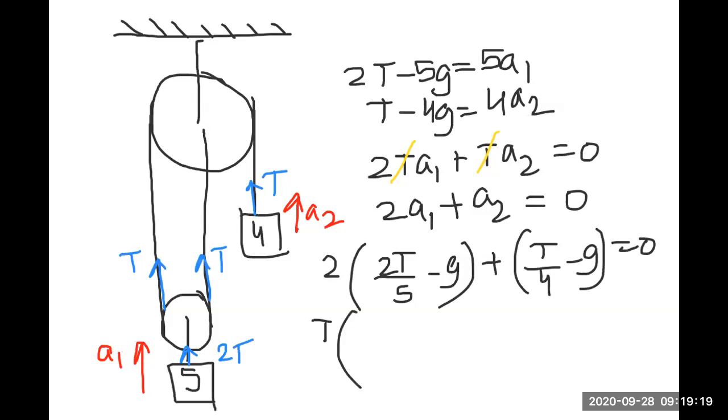T times 4 by 5 plus 1 by 4 is equal to 3G. How much will 4 by 5 plus 1 by 4 come to? Something went wrong. 2T by 5.